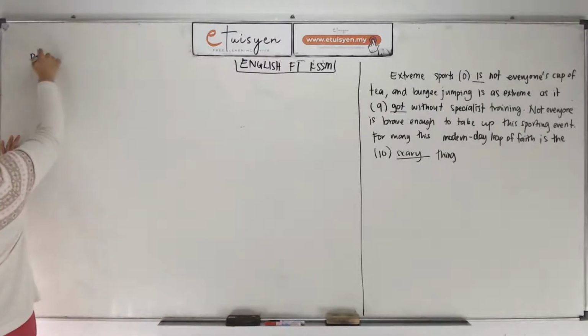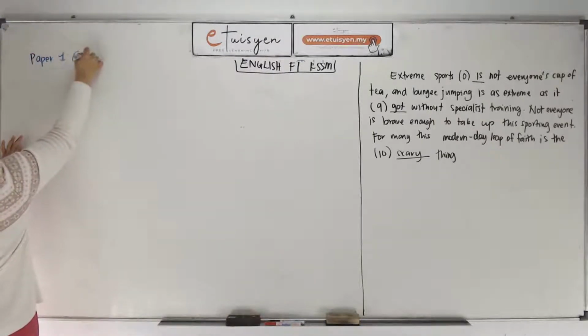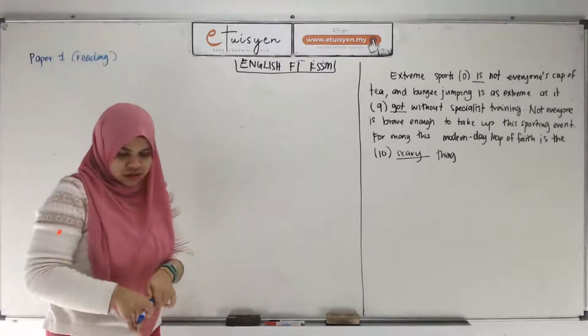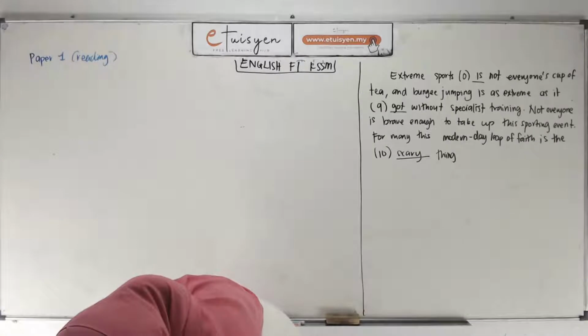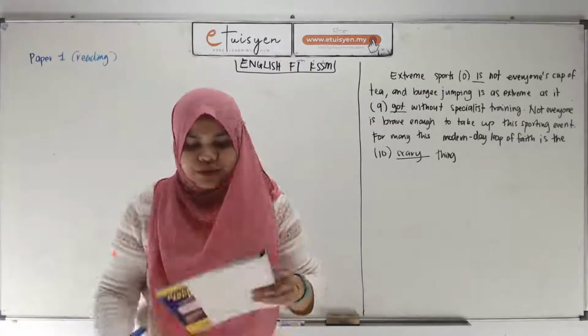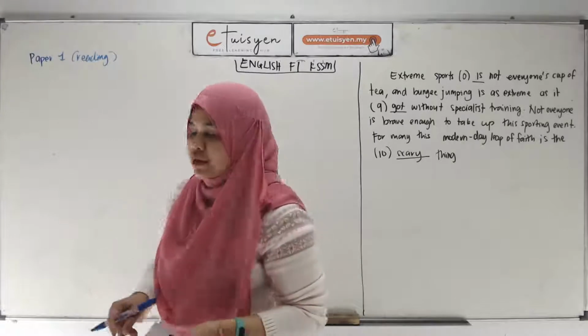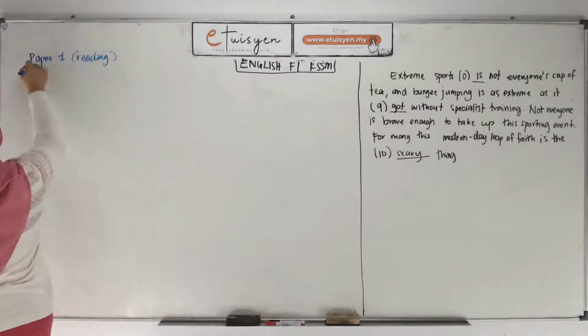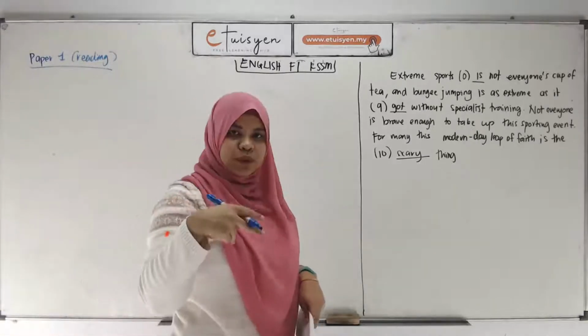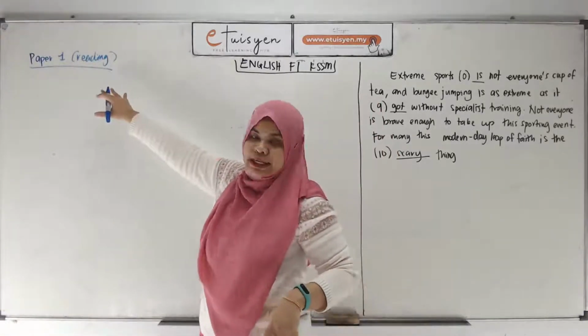Paper 1 ni focus on your reading skill. Now, in PT3, there's 1, 2, 3, 4, 5 sections. Okay, there's 5 section dalam paper 1. Paper 2 ada 2 untuk pengetahuan korang. So paper 1 ni ada 5 sections.